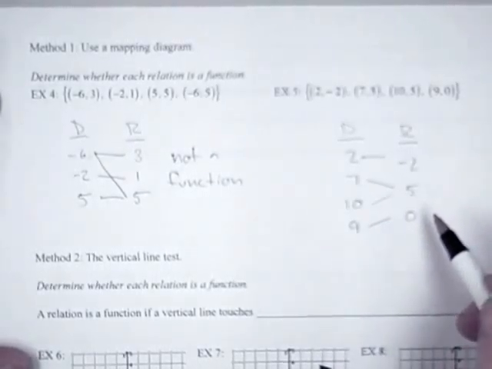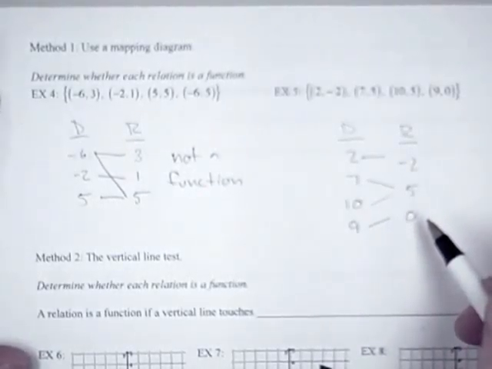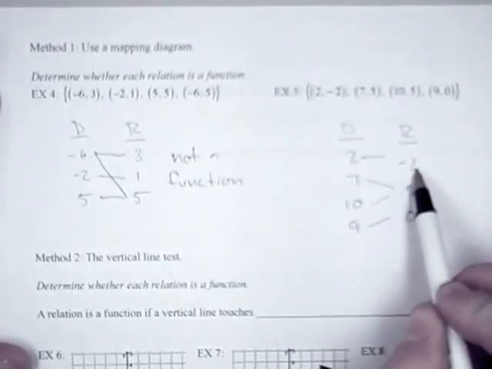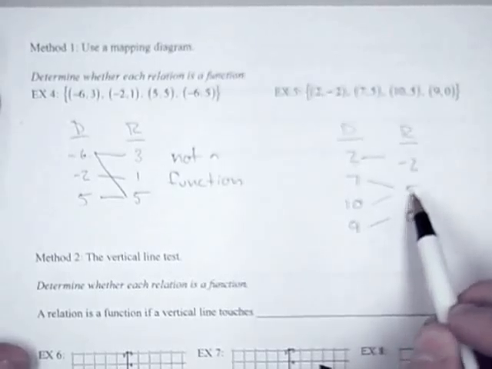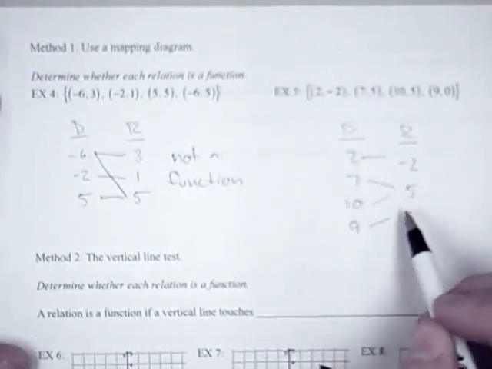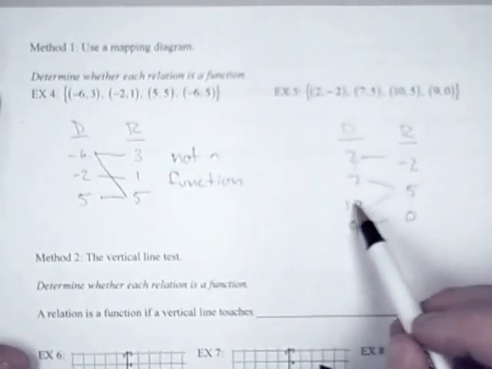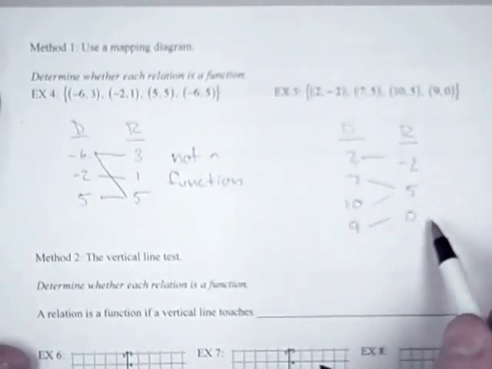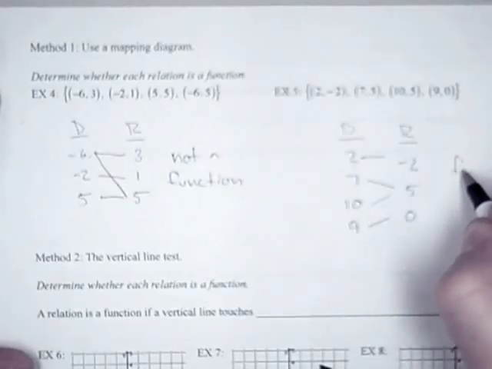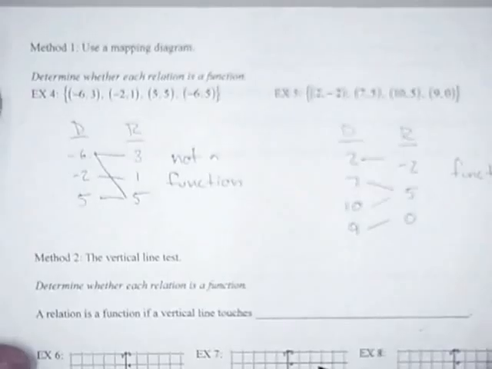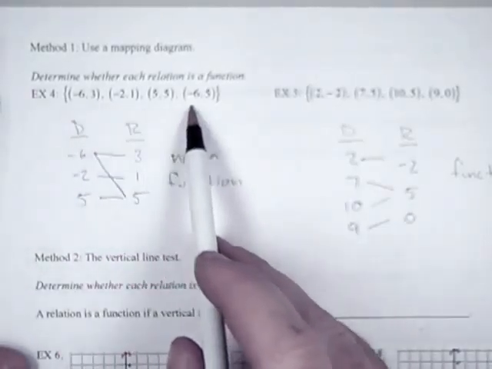Look at each element of the domain and see whether it connects to just one range. 2 connects to just -2, 7 connects to 5, 10 connects to 5, and 9 connects to 0. There's no domain that connects to more than one range. So this is a function. That's when we have a list of ordered pairs.